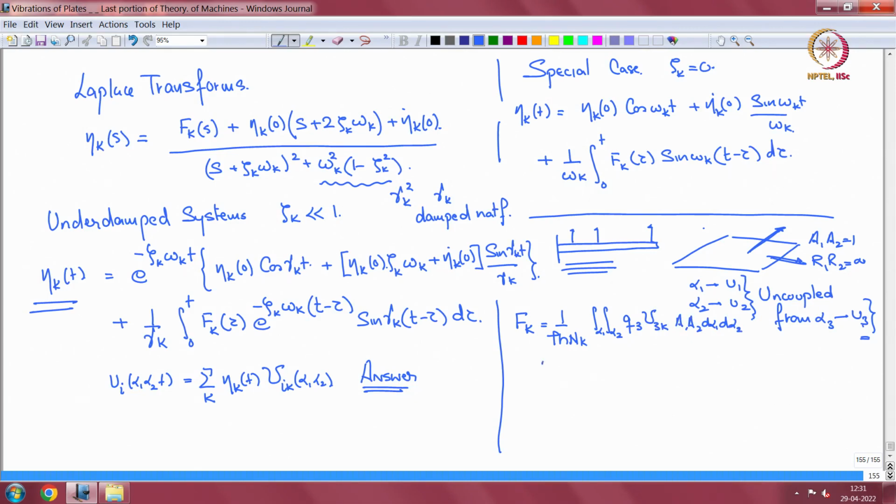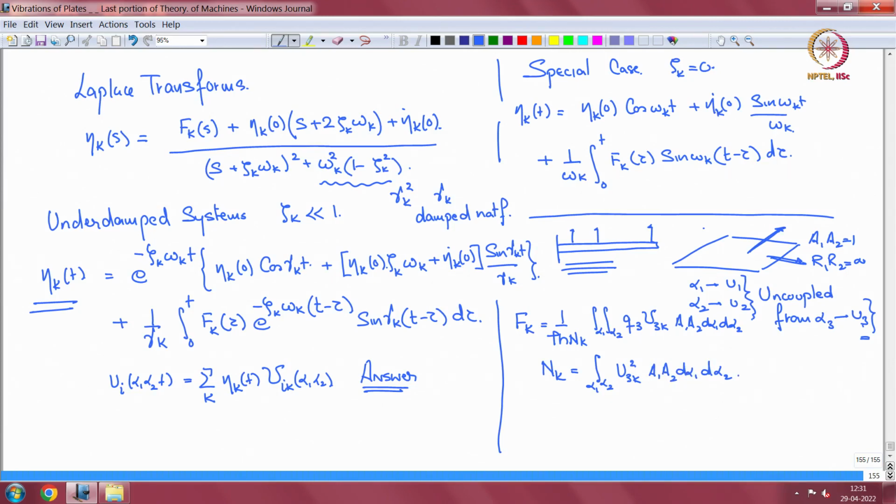And what is Nk? Nk will contain only the particular component, U3k squared, A1, A2, d alpha 1, d alpha 2.